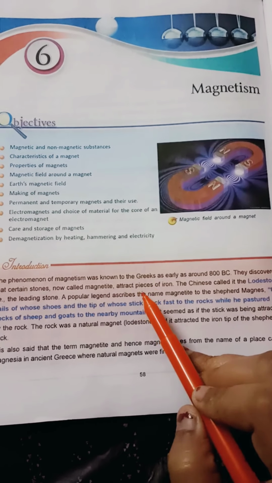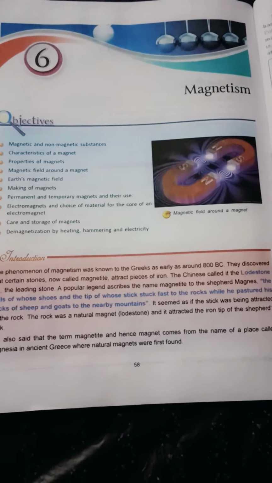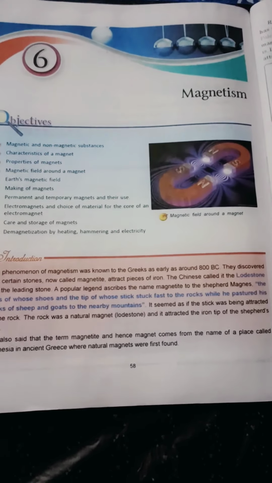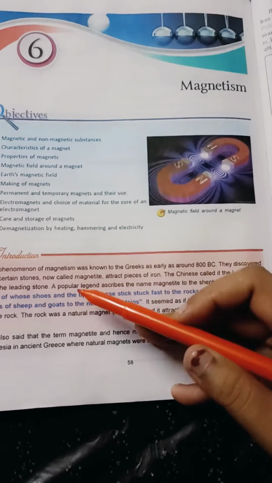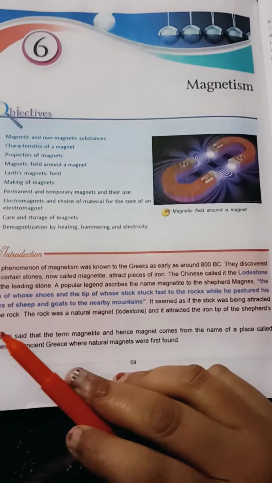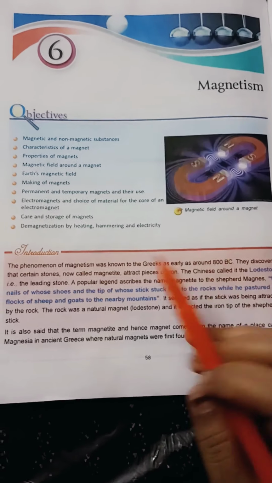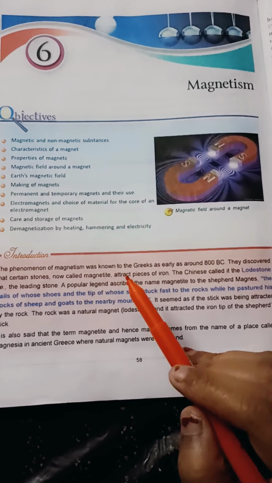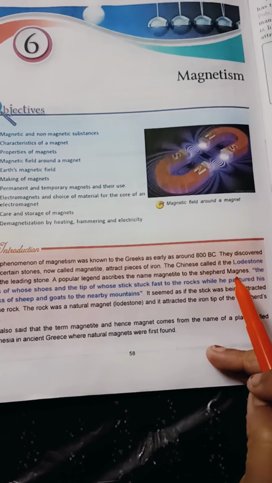It attracts pieces of iron. I hope you know those nails we use in our houses, which are made up of iron, so they got attracted. In those times the Chinese called it the lodestone, which means leading stone. A popular legend ascribes the name magnetite to the shepherd Magnes.